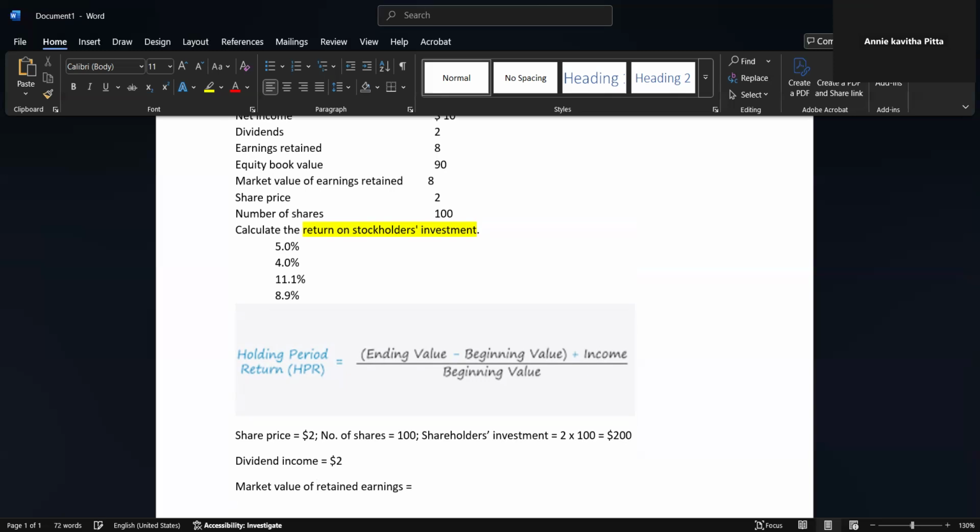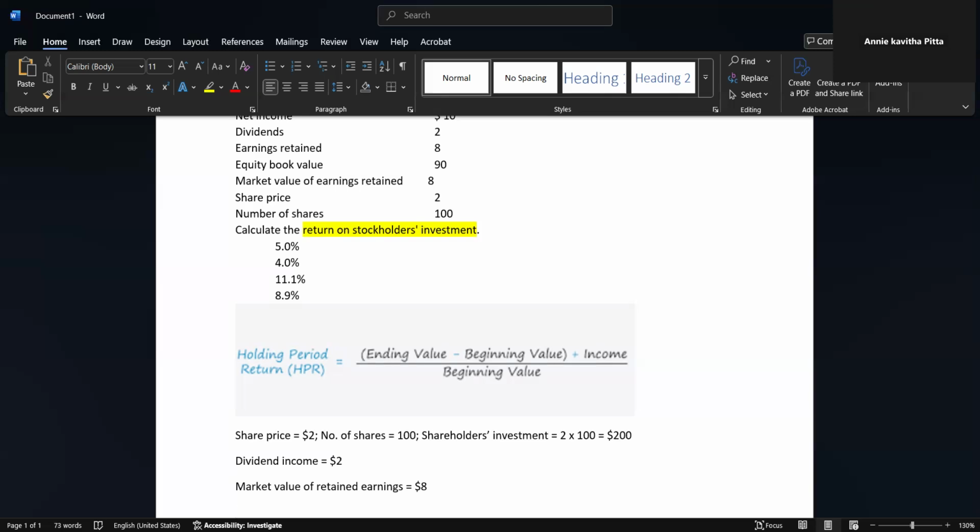What is this market value of retained earnings? Periodically, when there are earnings made by the company, 100% of the earnings are not distributed to the shareholders in the current year. Part of it is retained in the business. When a portion is retained, the retained amounts are reinvested in the company, and the company makes a profit out of that.